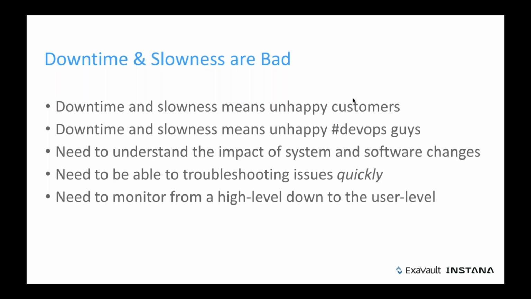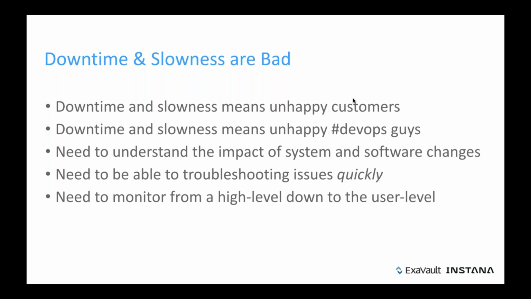So the three things from the business side that we really focused on: number one, we want to understand the impact of system and software changes. As I say, we release things very frequently, not quite constantly, but we could have several software releases a week in some cases, hot fixes and things like that.